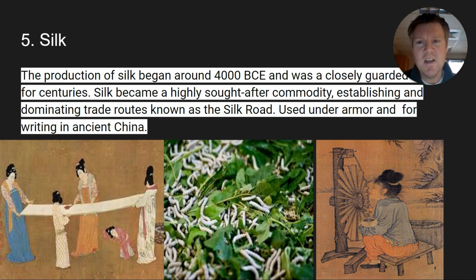Number five, this one is going to be widely used for economic trade and also for practical reasons, but silk. Silk became a highly sought after commodity because it's very comfortable. They used it underneath armor.